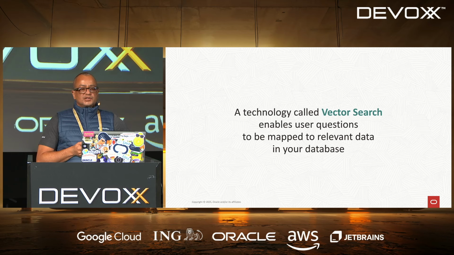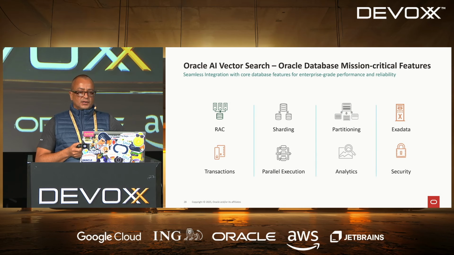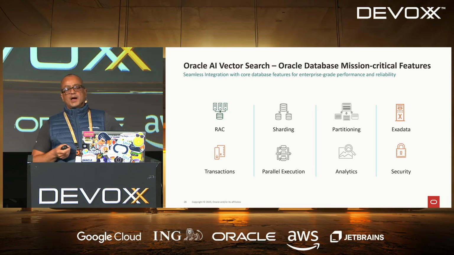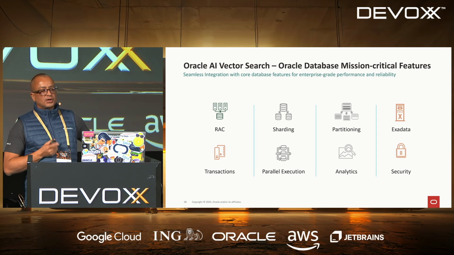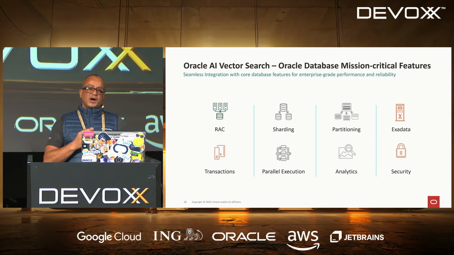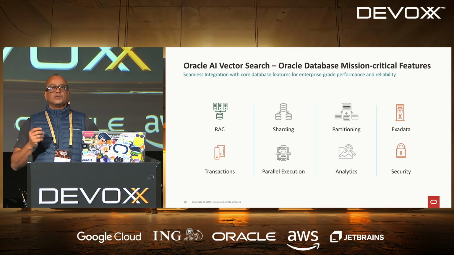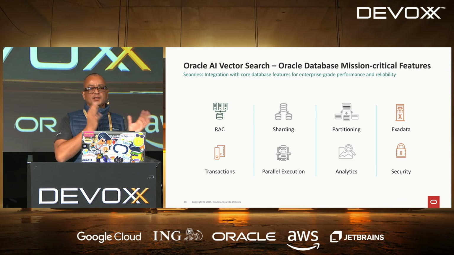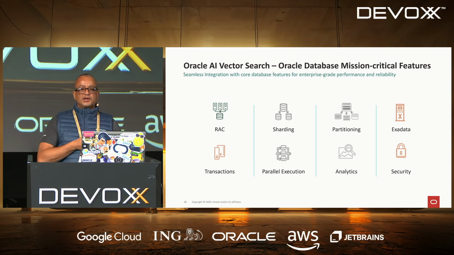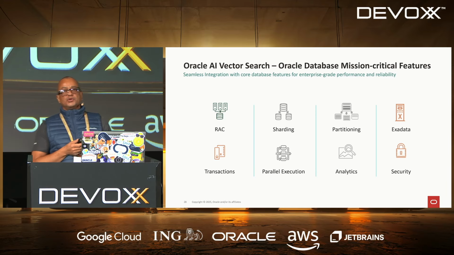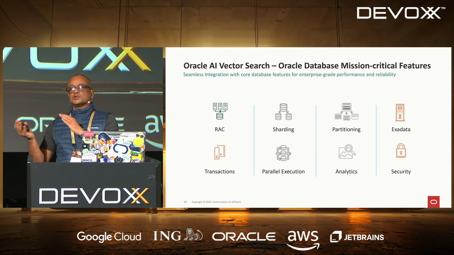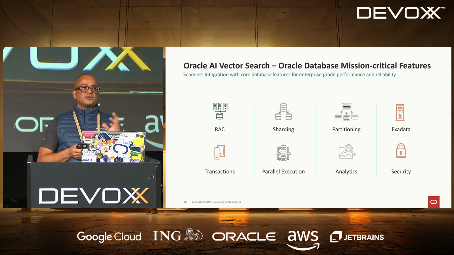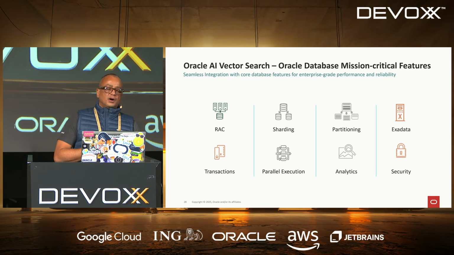This technology is also enabled, as I said, by something called vector search, okay? And again, I want to highlight Oracle AI Vector Search here because remember, this is supported by the Oracle database, okay? So it is not something where I can think about my GenAI solution and vector search and enabling the Java application, but after that I will need to go address the non-functional requirements in terms of availability, high availability, transparent failover, all those things.